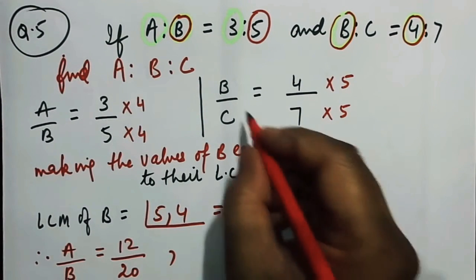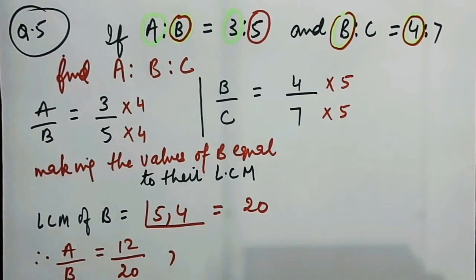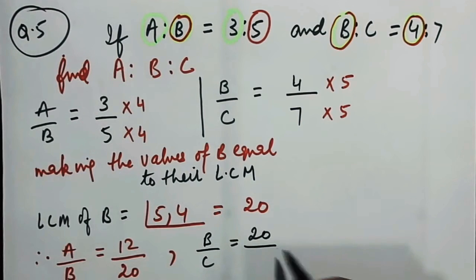Similarly B by C will be equal to 20 by 35.